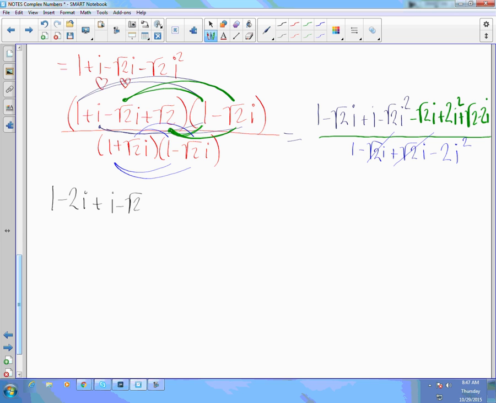What happens here? Minus root 2I squared would become what? What is I squared? Negative 1. So this is negative root 2 times negative 1, which is what? Positive root 2. So I'm just going to make that a positive root 2.